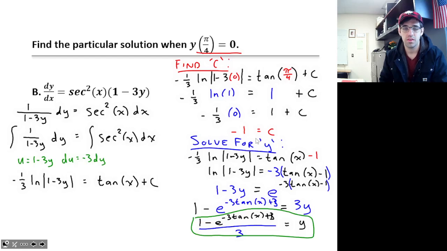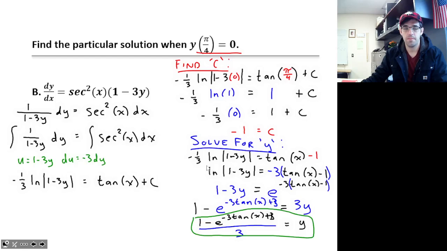Let's move on. So if we solve this thing for y, we're going to get a natural log and a tangent function. The tangent function we're just going to isolate and leave there. The natural log, because the y is inside of that natural log function, we're going to solve for the natural log, and then turn that natural log into an exponential equation. So now the x is inside of a function and the y is not, which is great because we want to solve for y.